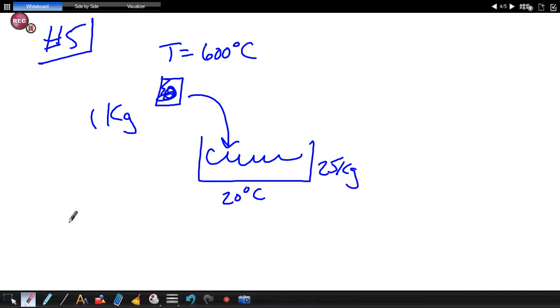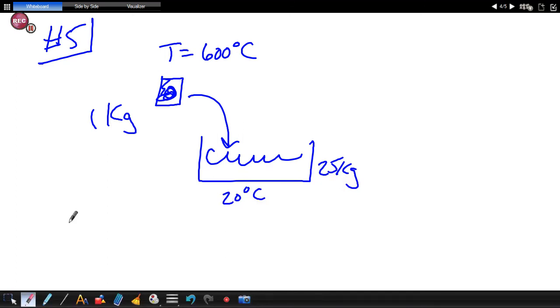Anyway, the point of this is that the object we're putting in is at a high temperature. In this case, it's a horseshoe in the problem. It has to go in and then lose its energy to the environment, to the water. So it's going to cool down. That energy goes into the water, and so the water has to heat up.